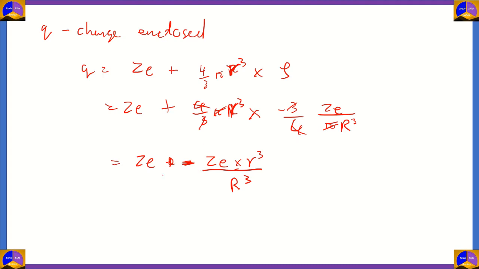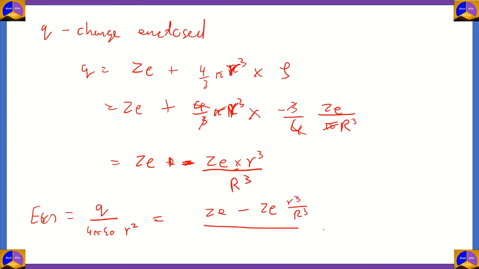So what are we going to do? We'll now apply this for the electric field. The electric field is Q by 4 pi epsilon naught r squared. This is the general formula for the electric field. We're going to apply the value of the charge here. So that is Ze minus Ze times r cubed by capital R cubed, whole divided by 4 pi epsilon naught r squared.